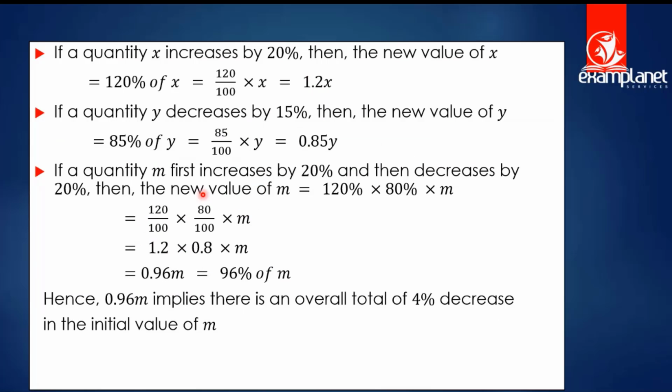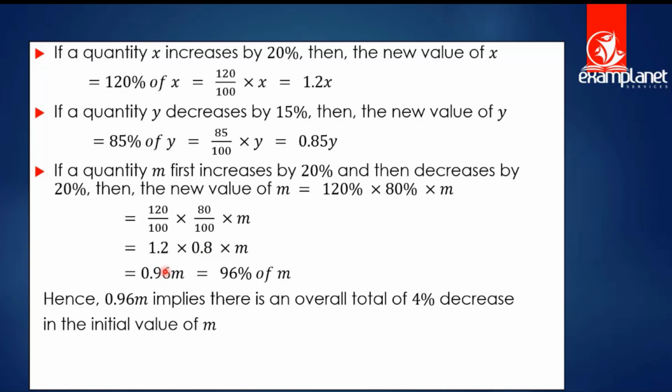So from here, m first increases by 20%, that means 120%, and then decreases by 20%, that is 80% of m. So giving us 120 over 100 times 80 over 100 times m, and 120 over 100 is 1.2, 80 over 100 is 0.8 times m, and when we multiply this we have 0.96 m.